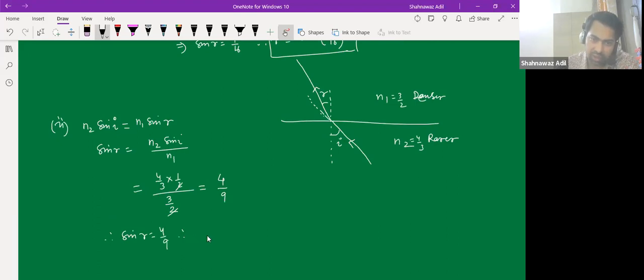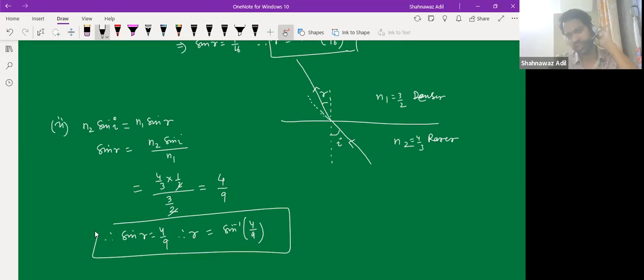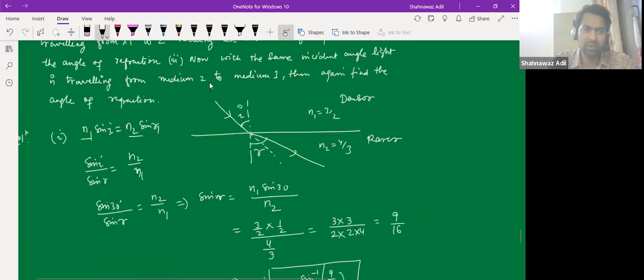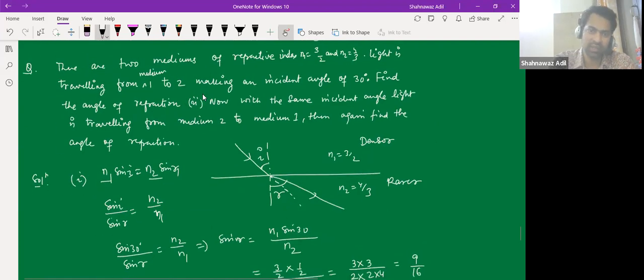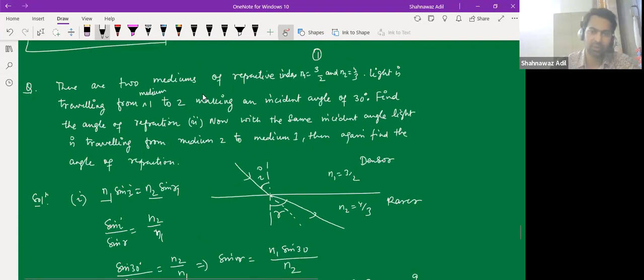So the angle R would be sine inverse 4 by 9. This is how we calculate the angles, right? Okay, so please note down this part, and then we will do the total internal reflection.